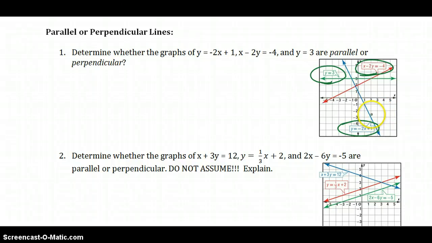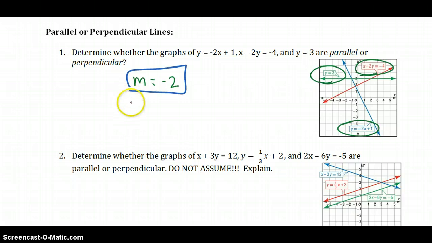But now to determine if they are perpendicular, the only two that look like they might be in question are the blue line, where the slope is negative 2, and the red line. What is the red line slope?